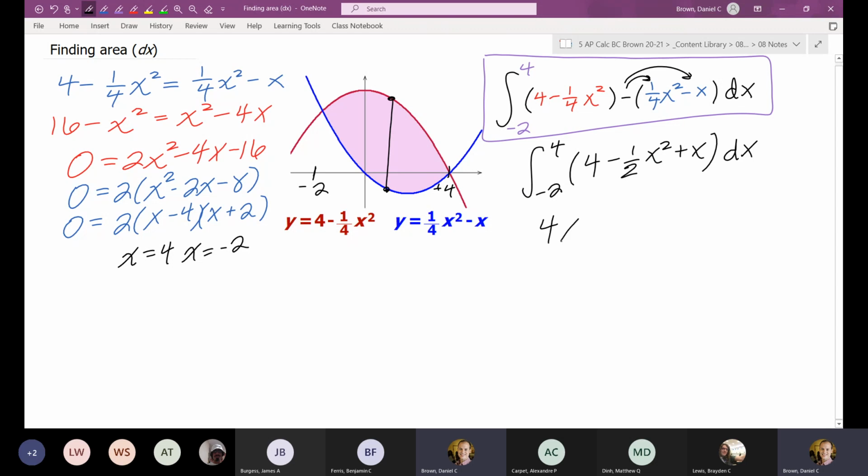And then if I want to find the area, find the antiderivative. And then plug in the top number minus the bottom number. And then that's where this problem just gets kind of tedious.